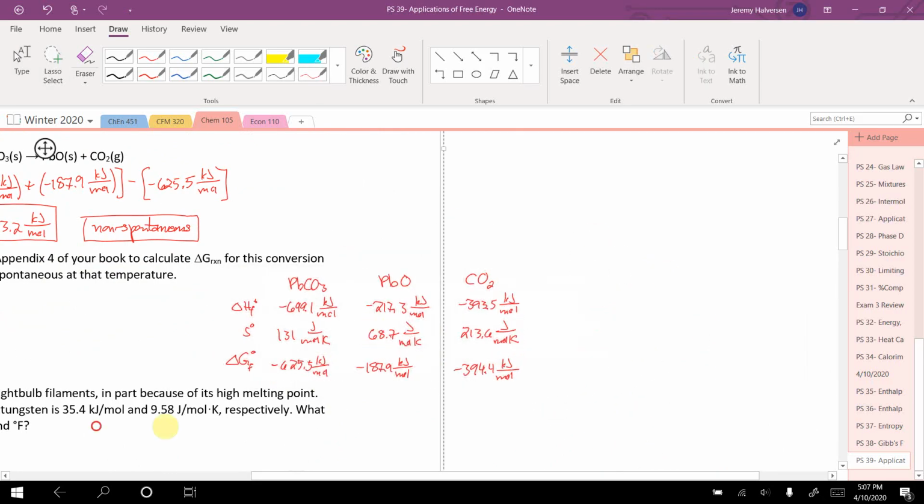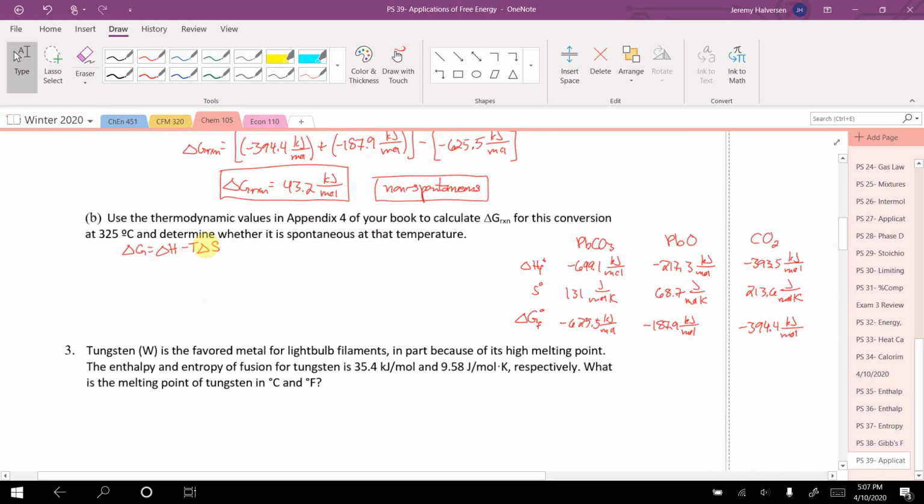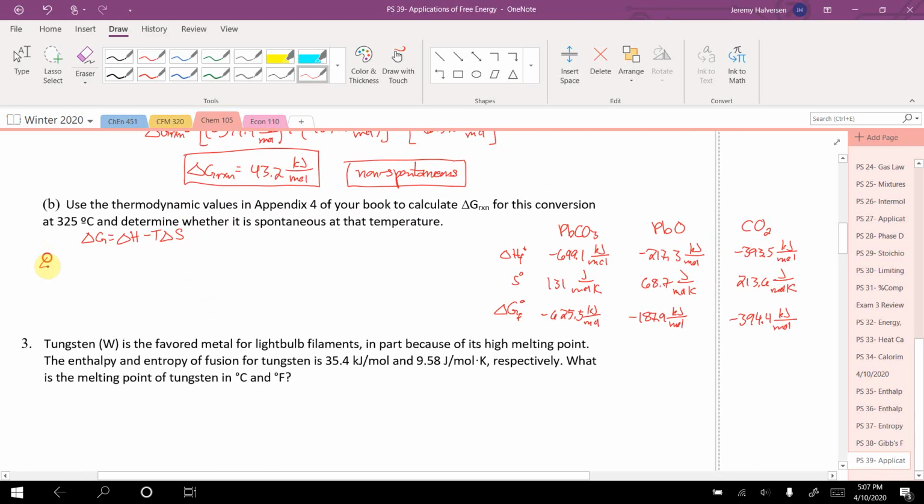Delta H for our reaction is going to be products minus my reactants, and same thing for delta S of the reaction.